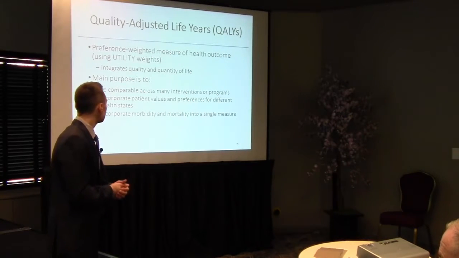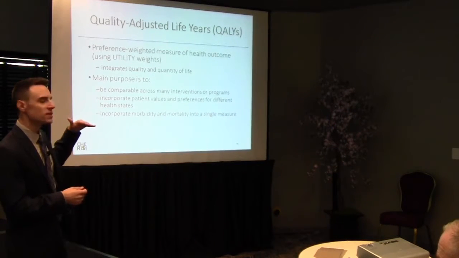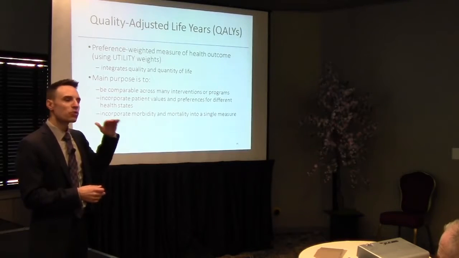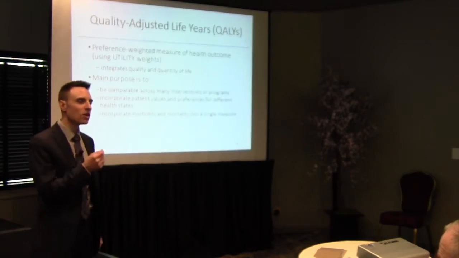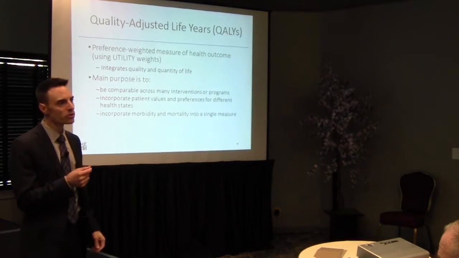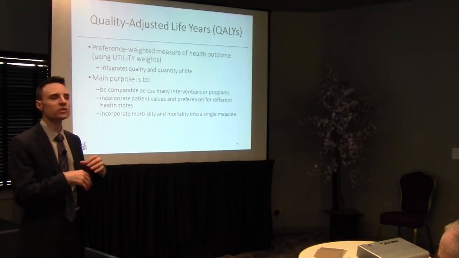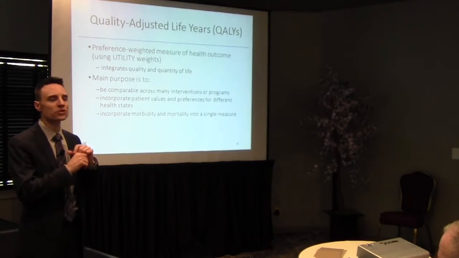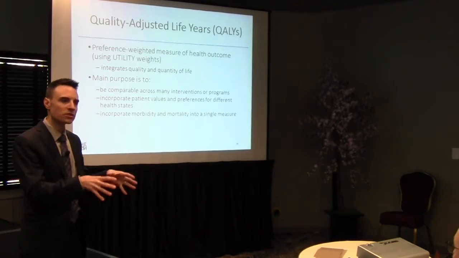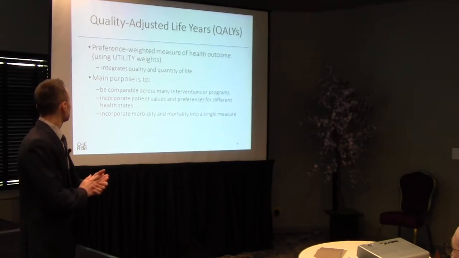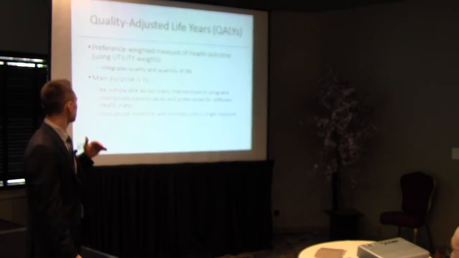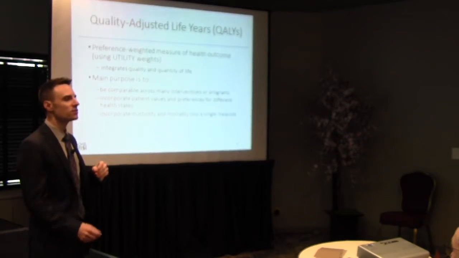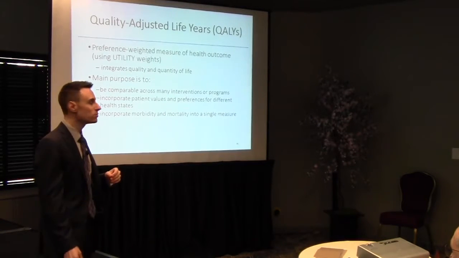And it's nice because it's comparable across interventions, programs, diseases, and disorders. It gives us this common denominator, which is very important, especially if we're trying to determine how to allocate resources across more than just a particular disorder. It incorporates patient values and preferences for different health states, incorporates morbidity and mortality, and brings it into a single measure.